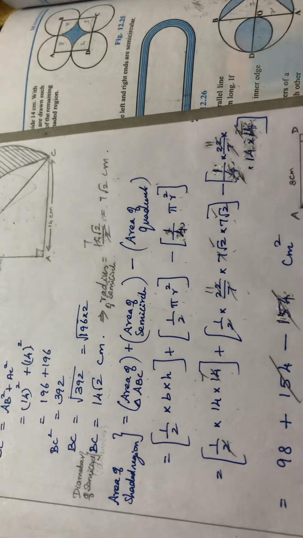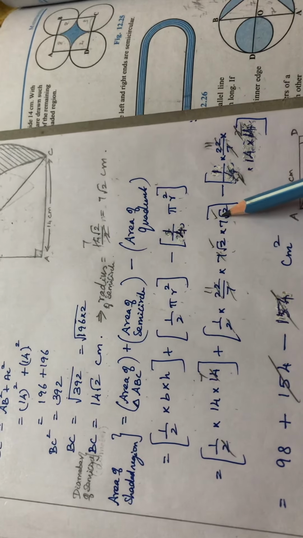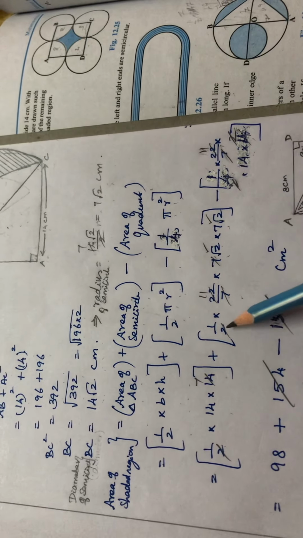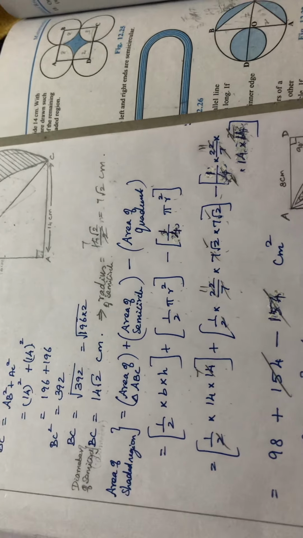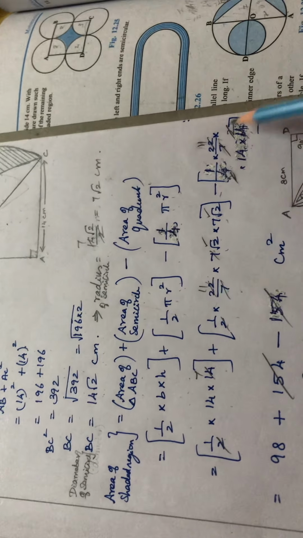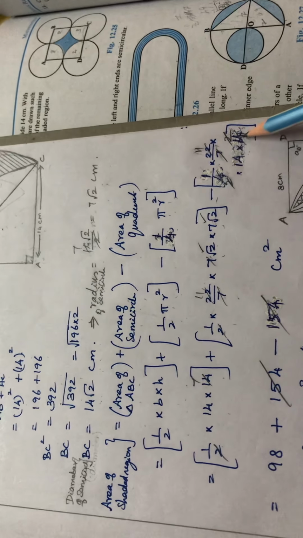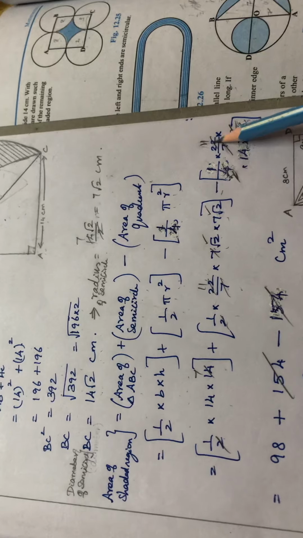This 7 and 7 I am cancelling. Root 2 and root 2 when multiplied is just 2. So this 2 and this 2 root 2 I am cancelling. What is the rest of the term here? 11. This 2 and 22 I am cancelling, 11. Here 7 and 14 I am cancelling, 2, and this 4 and 22 I am cancelling, 2 and 11. You just simplify.